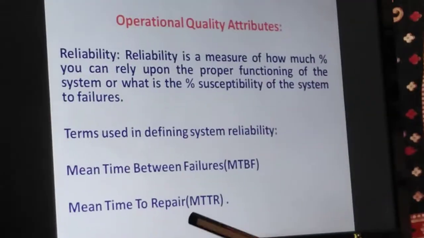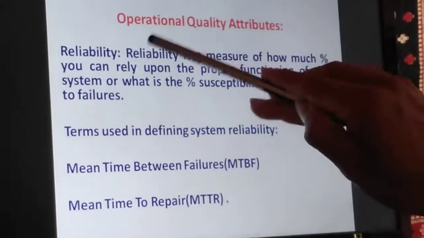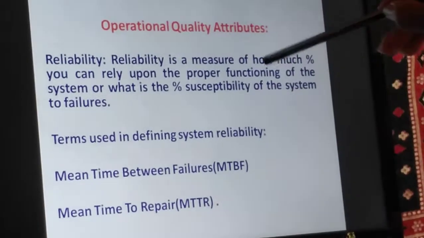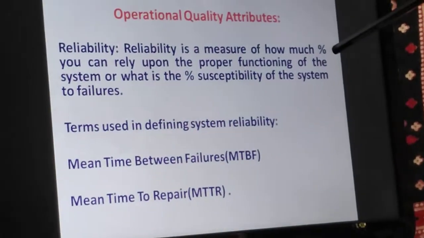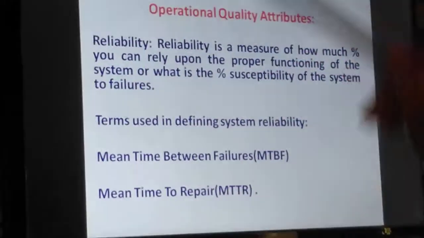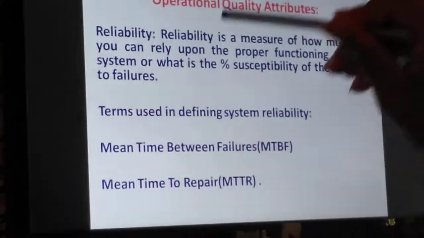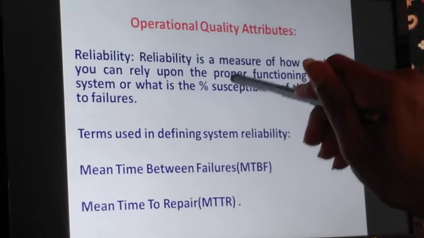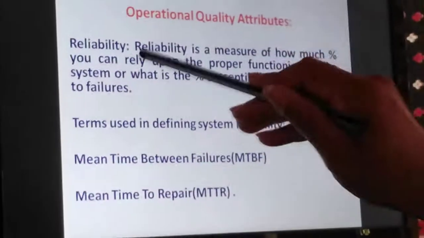Another attribute is reliability. Reliability is a measure of how much percentage you can rely upon the proper functioning of the system, or what is the percentage of susceptibility of the system to failures.